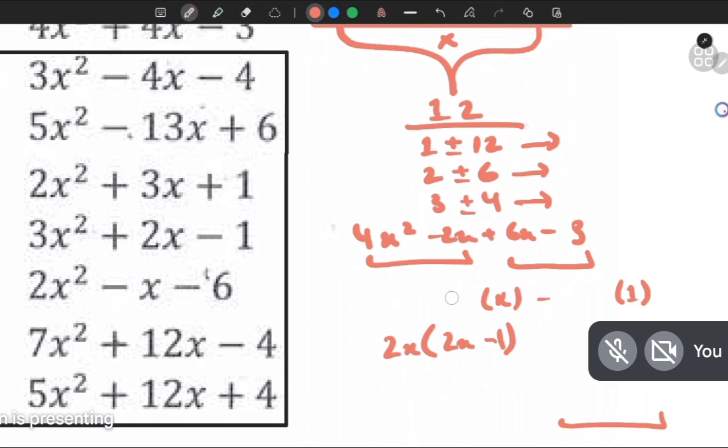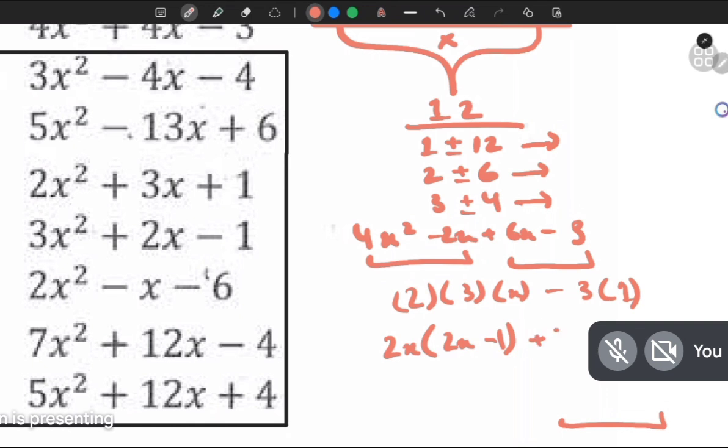So moving on, we have 6x minus 3, right? So we can break that into factors of 2, 3, x, minus 3 times 1. What will we take common in this? We'll take 3 common.